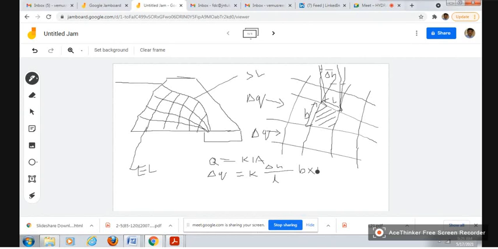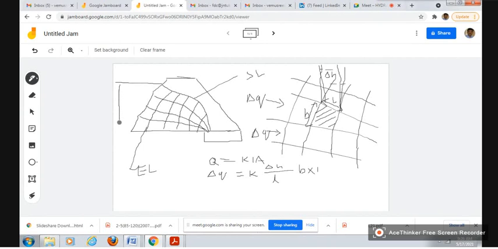Let us say ND is the total number of potential drops. In our case, this is 1, 2, 3. If there is another equipotential here, there is another 4. So that is the number of potential drops. What is the total head causing flow?